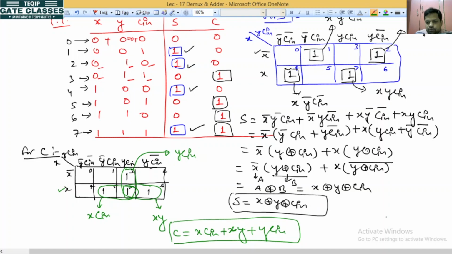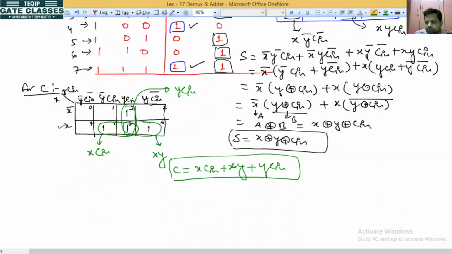Okay na? So this carry function is known as majority function also. तो मेजॉरिटी फंक्शन की डेफिनेशन क्या है?